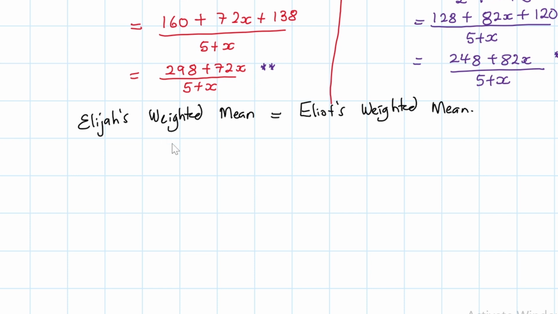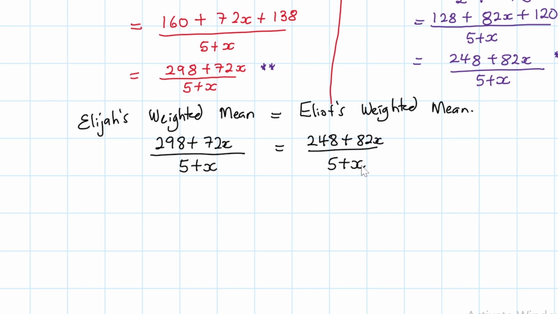And Elijah's weighted mean expression is 298 plus 72x, divided by 5 plus x, equal to 248 plus 82x, divided by 5 plus x. So now our job is to find the value of x.